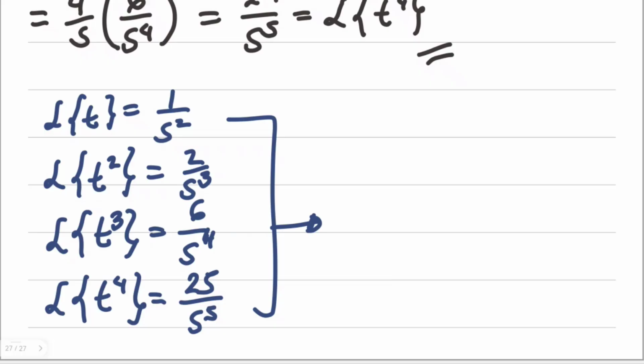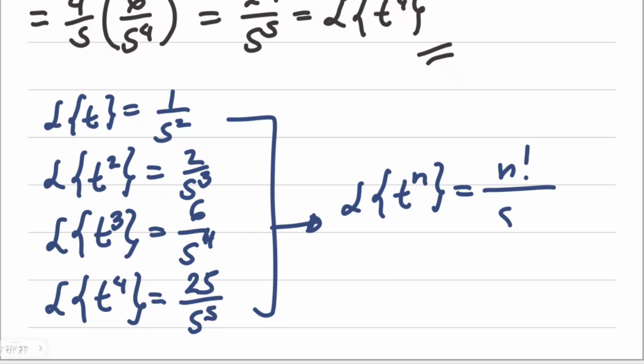Okay, so the Laplace transform of t to the power of n is equivalent to n factorial over s to the power of n plus 1. Here, n is the exponent of t. So for example, if your n is 1, just like this one here, you have 1 factorial, which is just equal to 1, over s to the power of 1 plus 1, which is squared.